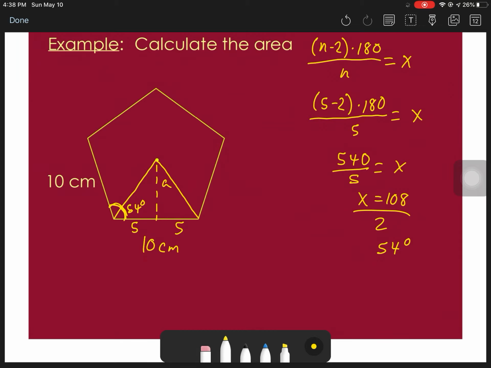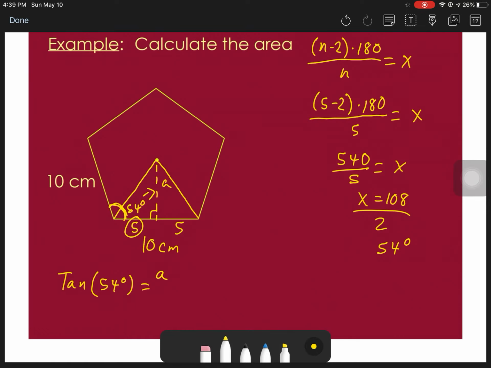All right, so now we have the angle. If we're looking at just the left side of the triangle, the base of this part is 5. Again, we need to use trigonometry to solve for the apothem. Since it's the same setup as the last problem, we use tangent. Tangent of our angle, this time 54, equals opposite over adjacent.